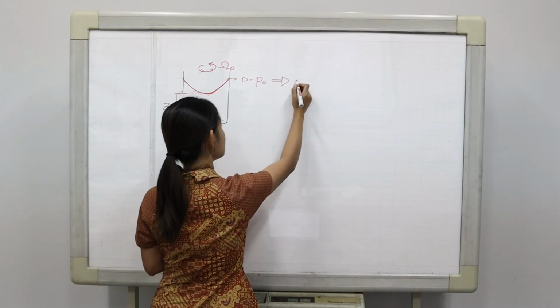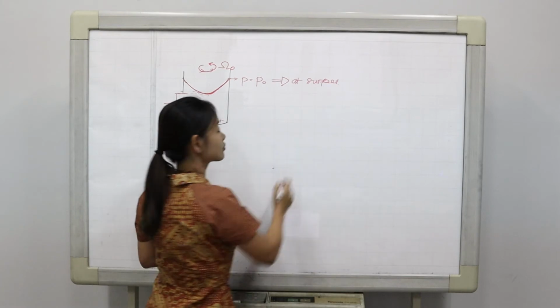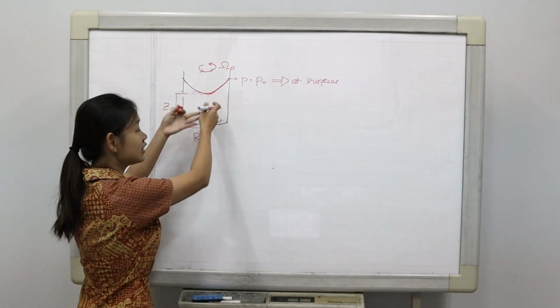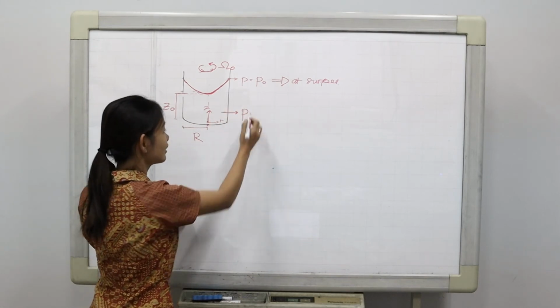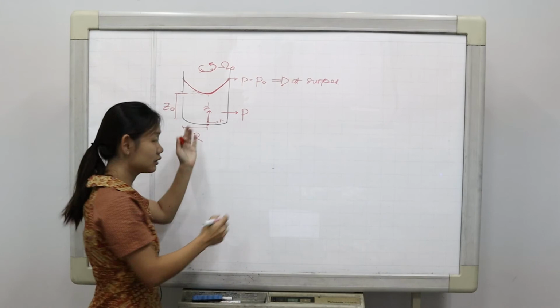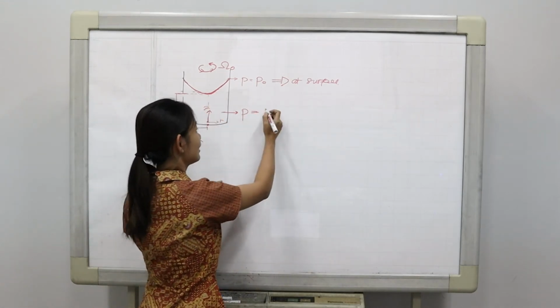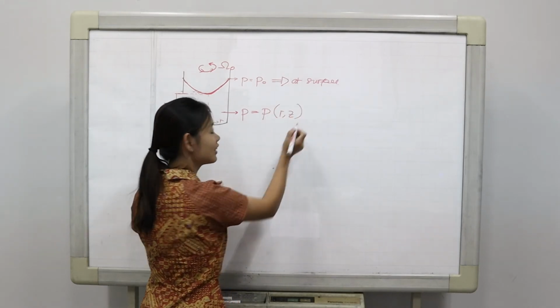This is the pressure at the surface of the fluid. The pressure of the fluid inside the vortex will be a function of r and z.